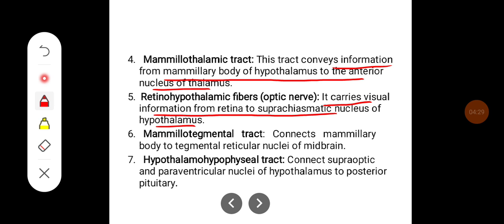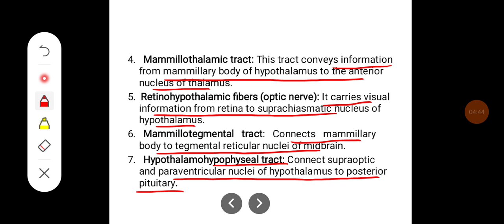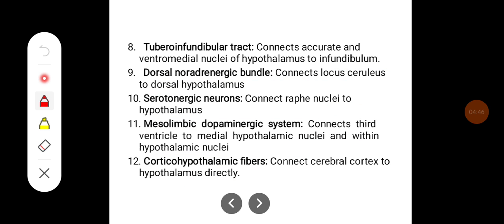And through the mammillotegmental tract, it connects the mammillary body to the tegmental reticular nuclei of the midbrain. Through the hypothalamo-hypophyseal tract, it connects the supraoptic and paraventricular nuclei of the hypothalamus to the posterior pituitary. And the tuberoinfundibular tract connects the arcuate and ventromedial nuclei of the hypothalamus to the infundibulum.